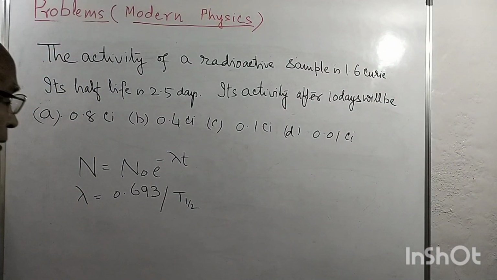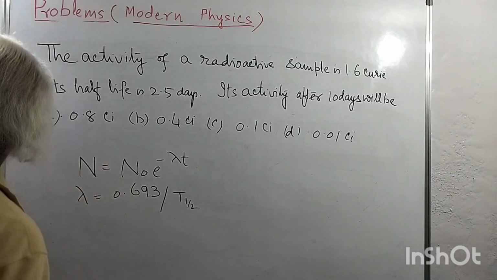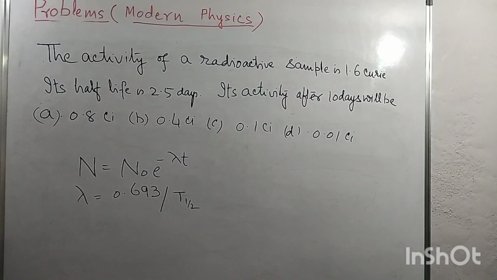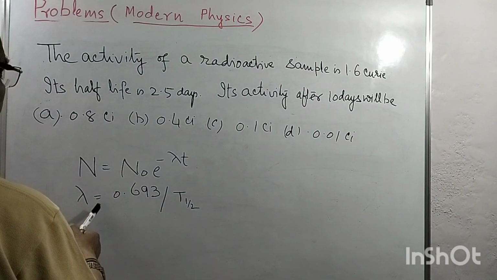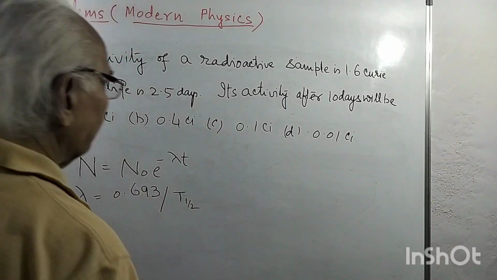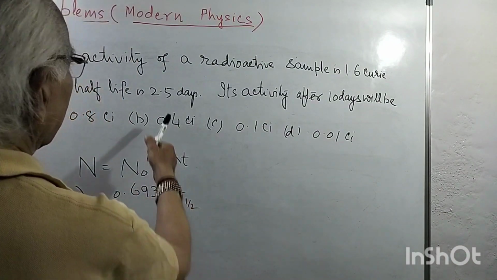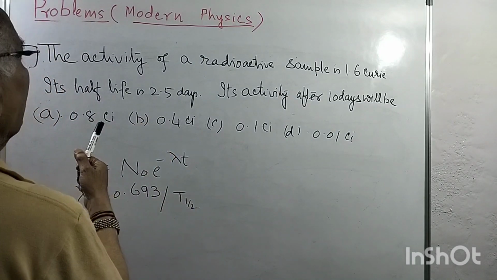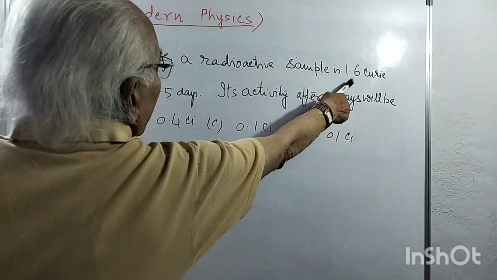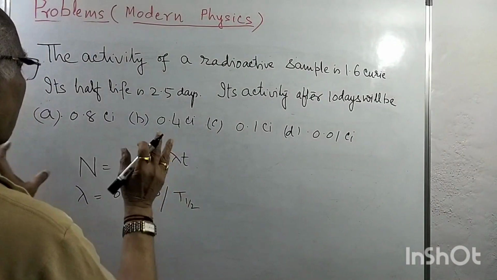This is the mathematical equation of decay, where lambda is the decay constant and t half is the half-life. You can put here the half-life, 2.5 days, and the initial activity of 1.6 curie, and you will get the mathematical solution.